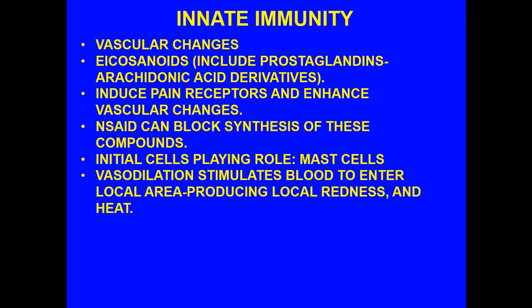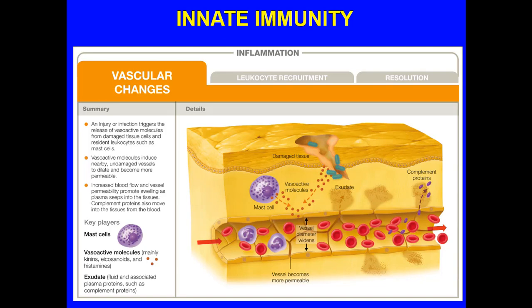The initial cells playing a role in all of this, by the way, are mast cells. And remember, mast cells will release histamine, which leads to vasodilation, which is going to stimulate blood to enter the local area, producing the local redness and the heat. Again, this is local heat, not fever. Okay, so you can see where these situations occur.